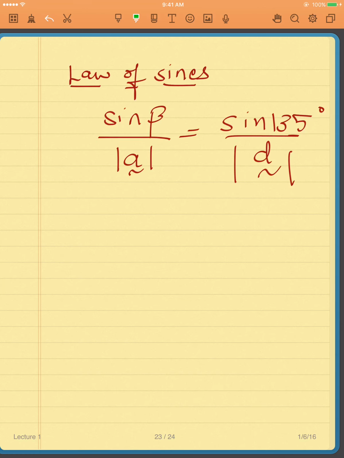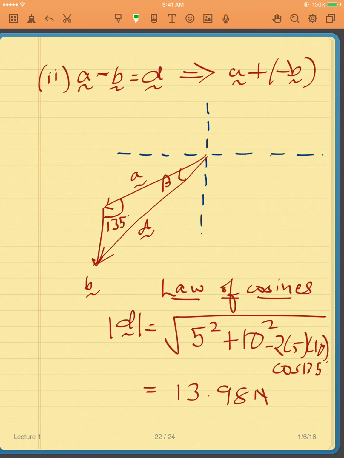So we look at the vector, sorry, the vector B. The vector B was the one of 5 newtons. So you have B and the angle opposite that one. So that's how you write the law of sines.